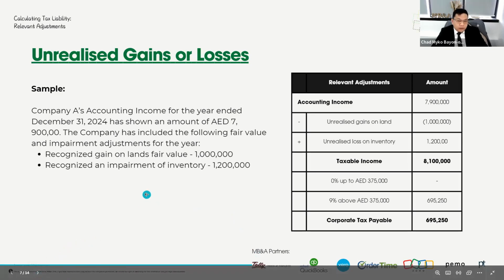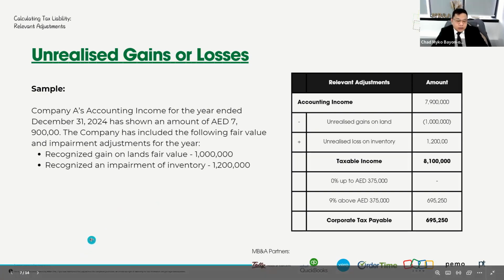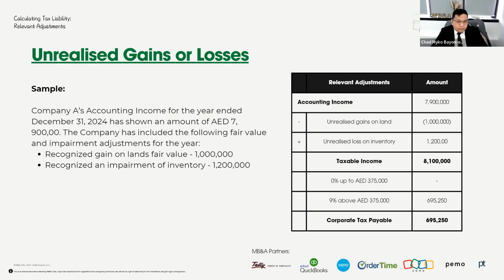So as part of decision making, whenever you go for either realization basis or not going for realization basis, as part of the decision factor, you have to consider whether there are impairments or increases in fair value of financial assets that are recognized at fair value, or is there any impairment in your inventory?